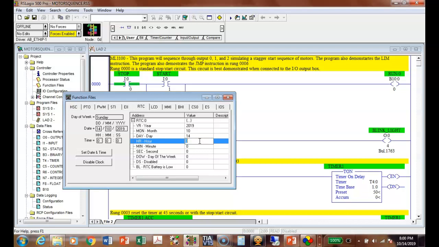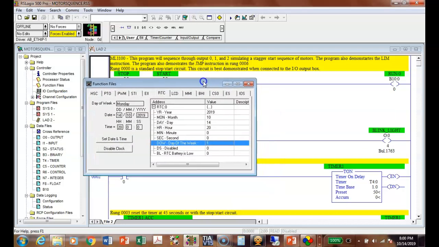What's 8 o'clock? 2000. Minutes? It is exactly 8. Yeah, it is. Wow. Seconds? We'll get that. Day of the week? One, right? Okay. So that's what we just did, set that real-time clock.